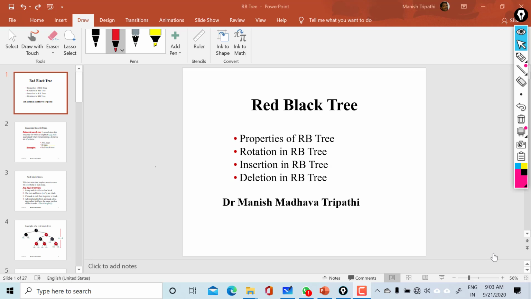We discussed that a binary search tree has a 4-tuple of information at every node, and in the case of a red-black tree, a 5-tuple of information is there. One more piece of information, the color of the node, is added in the red-black tree.